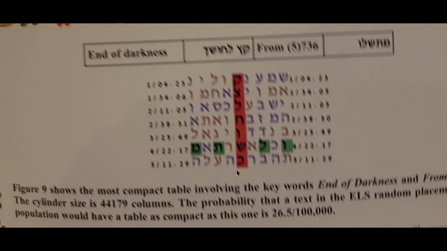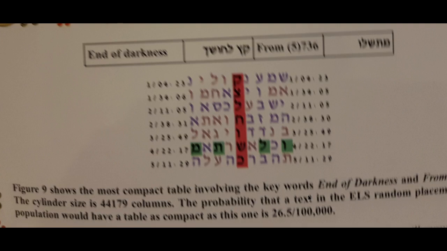Professor Haralick analyzed the scientific meaning of this table, which shows the most compact table involving the keywords "end of darkness" from the year 5736. The cylinder size is 44,179 columns.